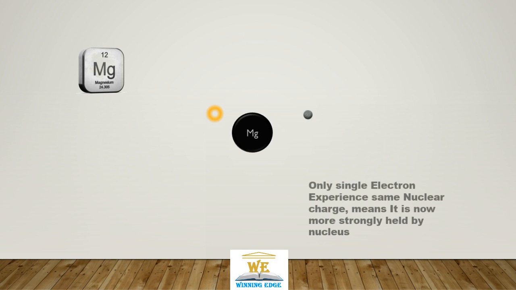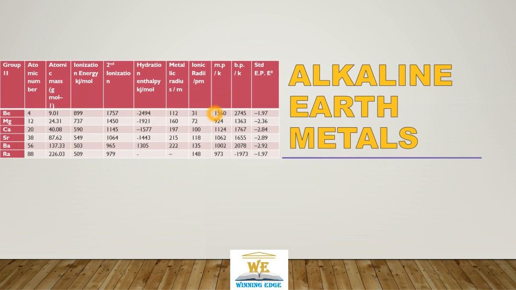Now only a single electron is left, which experiences the same nuclear charge, so this electron handles all the charge left. It binds strongly to the nucleus compared to its original state. The effective nuclear charge increases, which makes the second ionization energy higher.